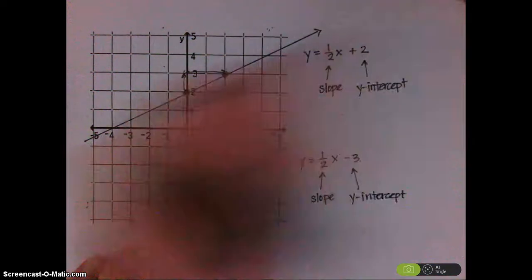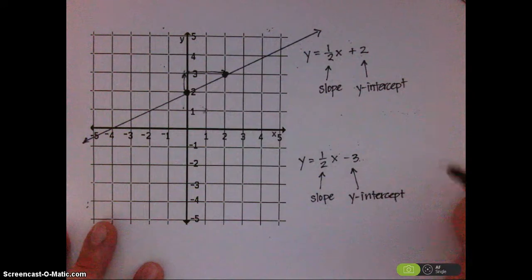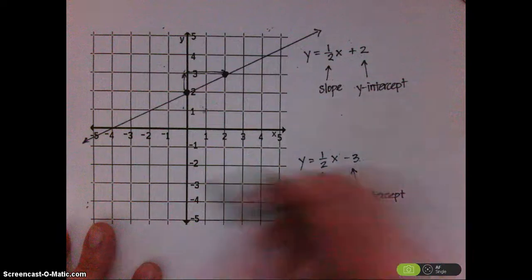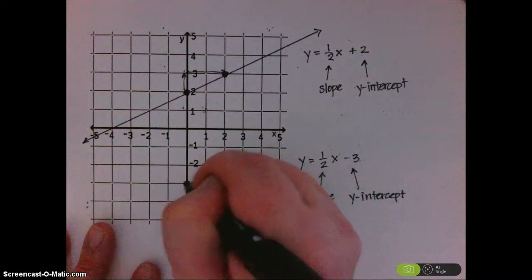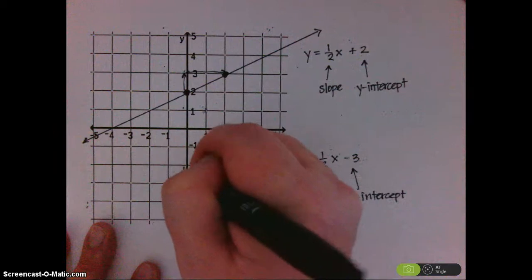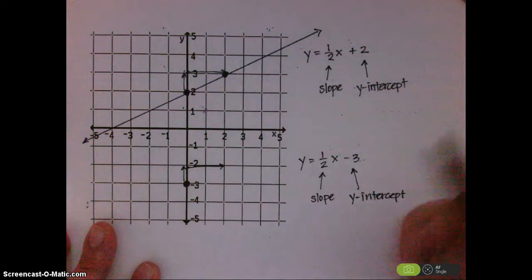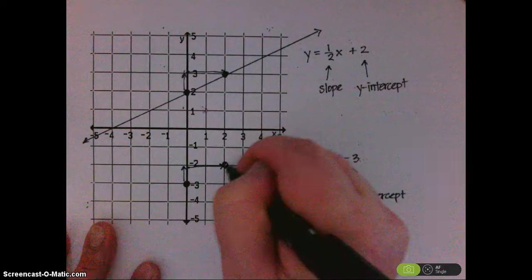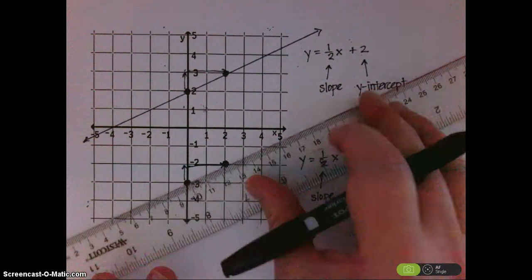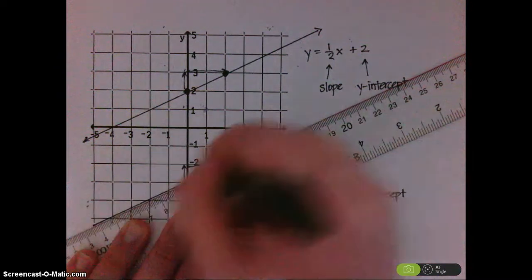And I have graphed, just like that, my first line. Now the next time I'm going to start at -3 on the y-axis, which is way down here. And again, my slope is the same. I'm going to go up 1, and I'm going to go to the right, +2. Mark my dot right there. Going to connect the 2 with my ruler.